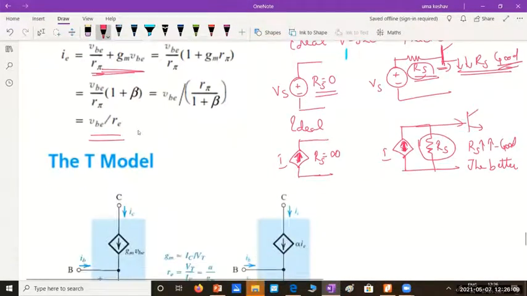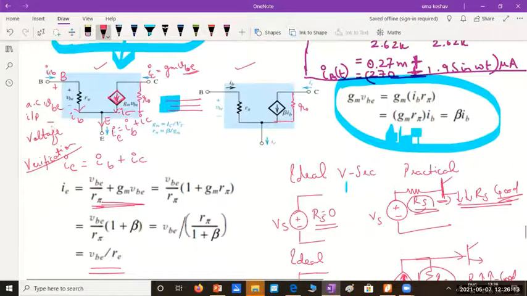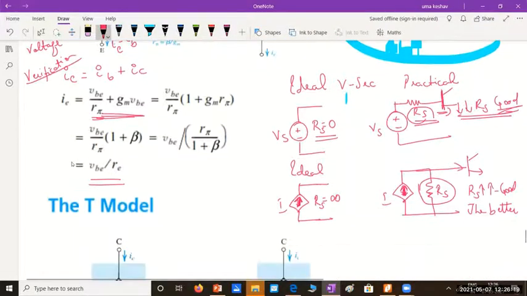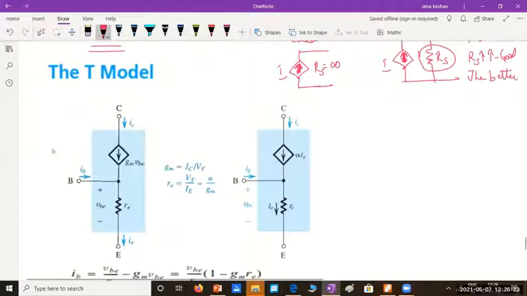Is this clear? Very important, you should remember this model for the replacement of the transistor whenever we analyze an amplifier. Another, different version of writing the transistor equivalent circuit is by using the T model.